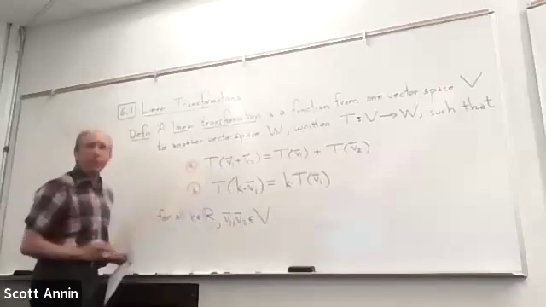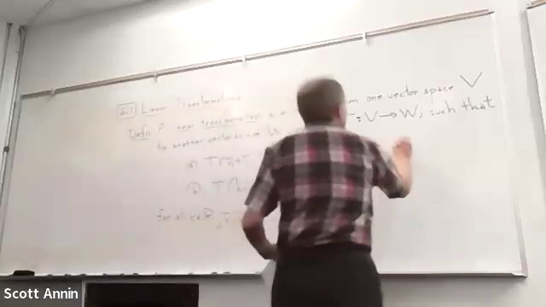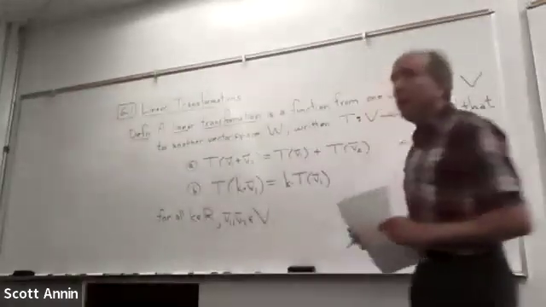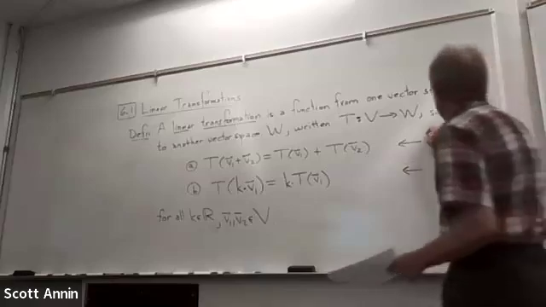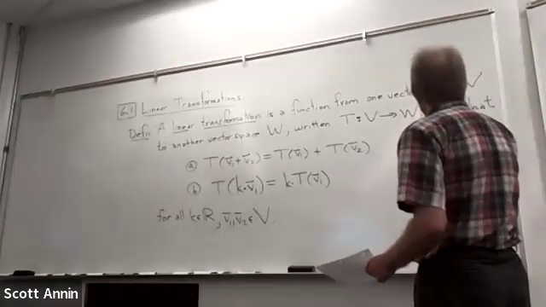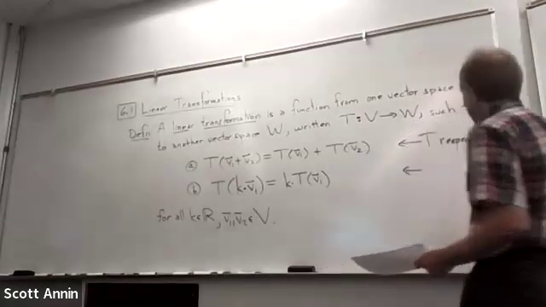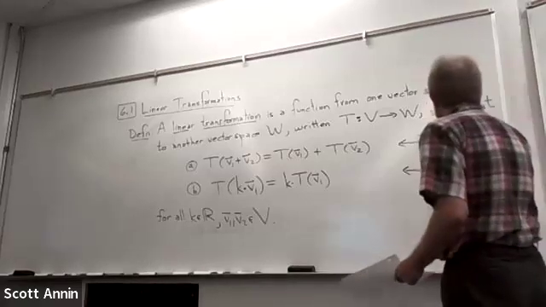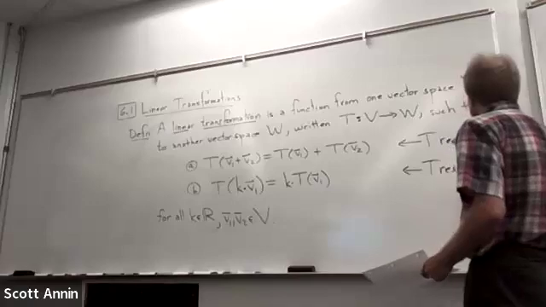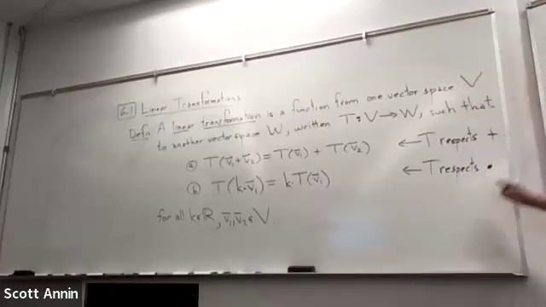And I will refer to these casually in the following way. The first property is basically telling us that T respects addition. You should be able to split it apart, as I just described. And the second property is basically telling me that T respects scalar multiplication.